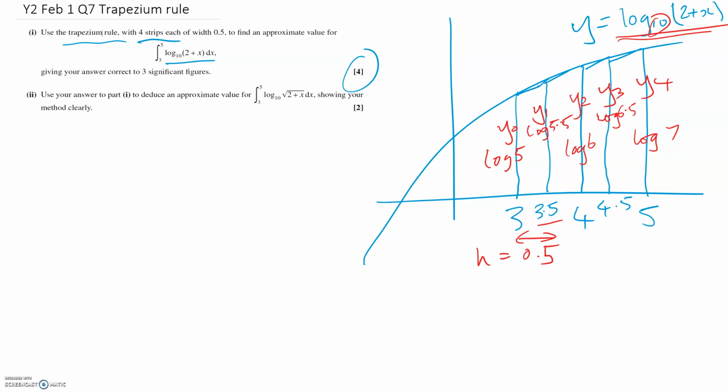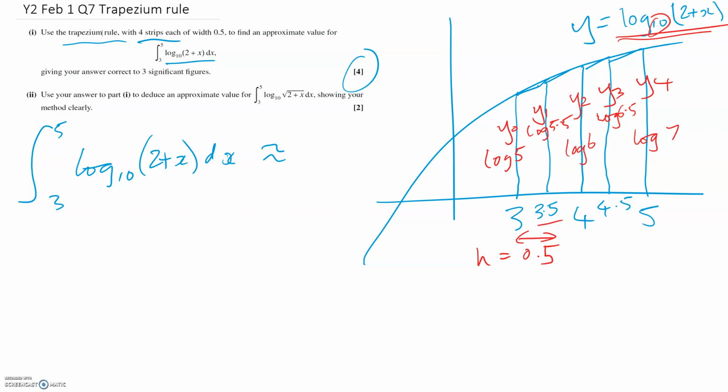Now if we look at the formulas in the formula book, our integral from 3 to 5 of log of 2 plus x doesn't exactly equal the area of all these trapezia, so you should use the approximately equal to symbol, which I've tried to do there.